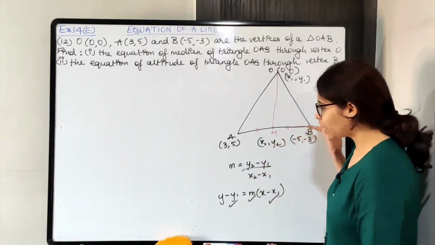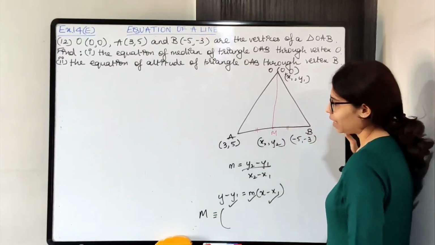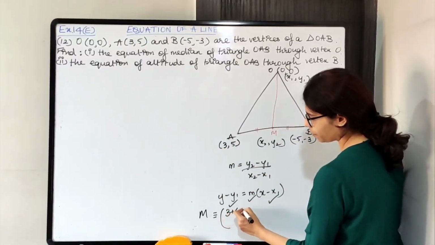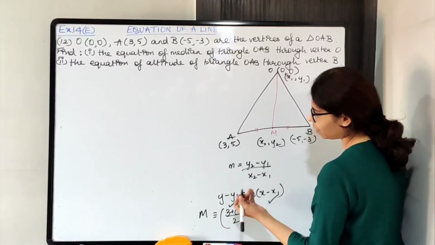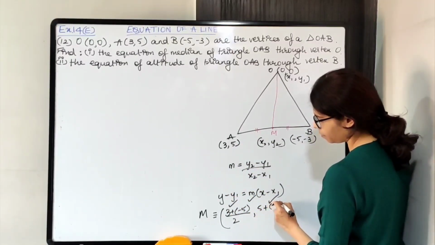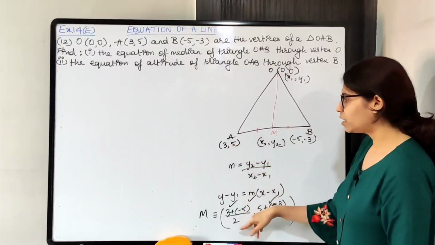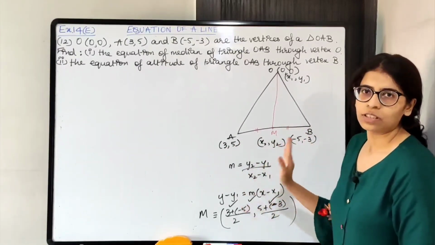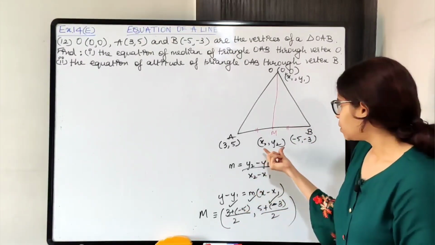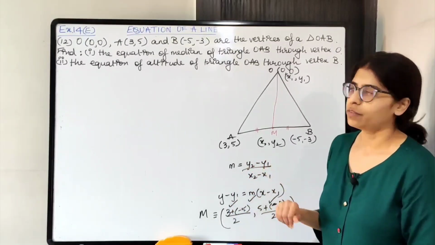So by midpoint formula, coordinates of M, x coordinate will be 3 plus minus 5 upon 2 and y coordinate will be 5 plus minus 3 upon 2. Adding the x coordinates, divide by 2. Adding the y coordinates, divide by 2. You will get the coordinates of M on solving further. Once you get the coordinates, find out the slope and then find out the equation of line OM.